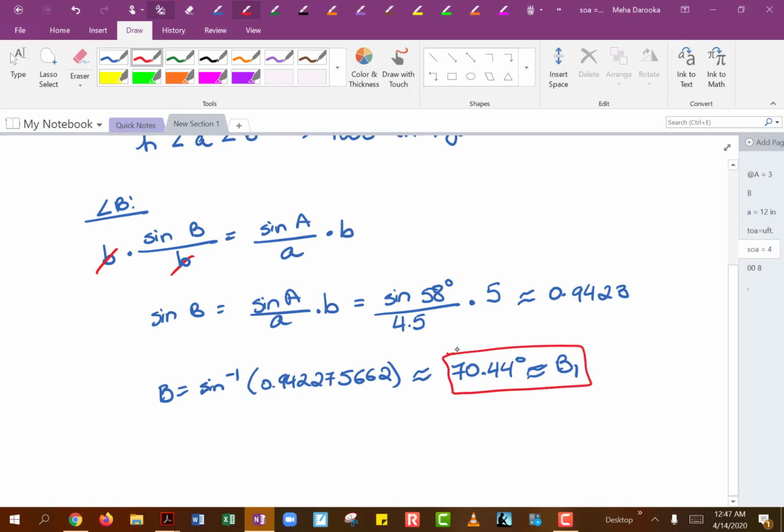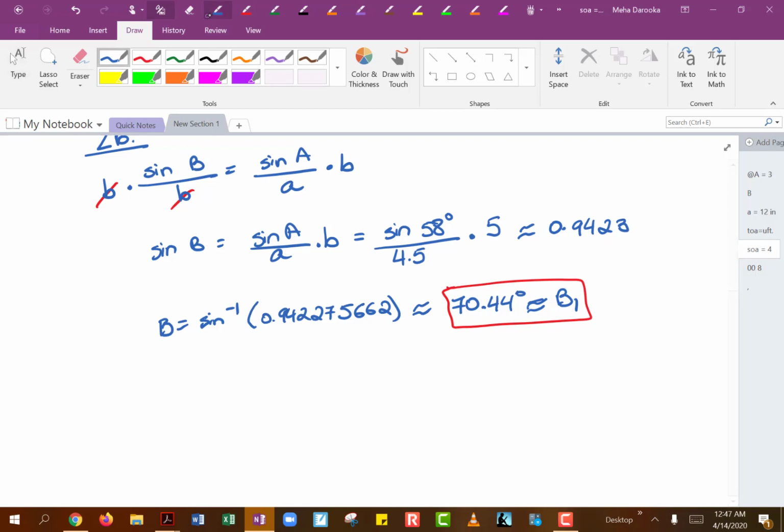To find angle B2, we do 180 degrees minus 70.44 degrees, which gives us 109.56, and this will be our angle B2.